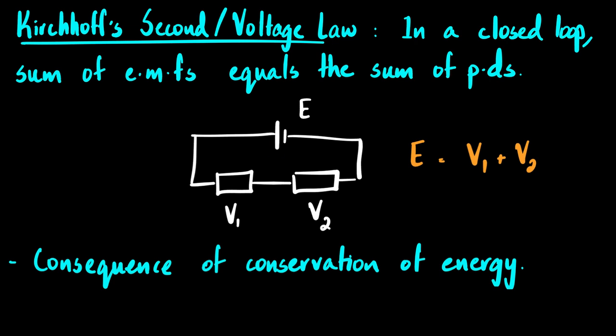Because we've previously studied what EMFs and potential differences mean. So let's say if you're talking about charge, a charge gains energy when it goes through the circuit. So that EMF, for example, if it's 9 volts, we know that this means that for 1 coulomb of charge, 9 joules is given to it, and that energy is then lost across the resistors as potential drops. So that's the idea. It's basically just conservation of energy.